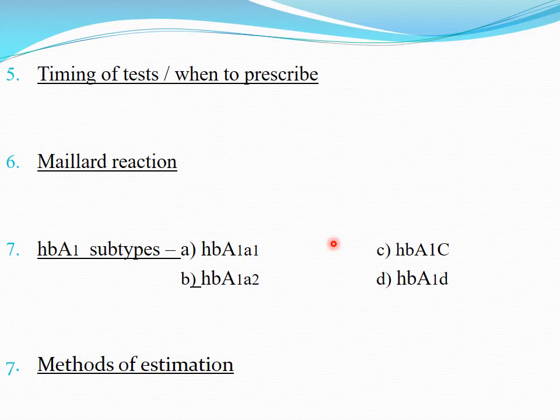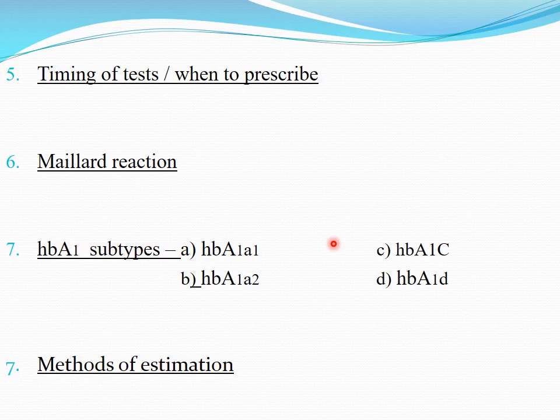But it is related particularly to the RBC lifespan. It gives us an account of the last 10 to 12 weeks, not for this very moment, what is the sugar level or what is the hyperglycemia level.